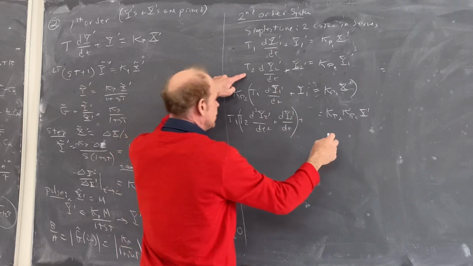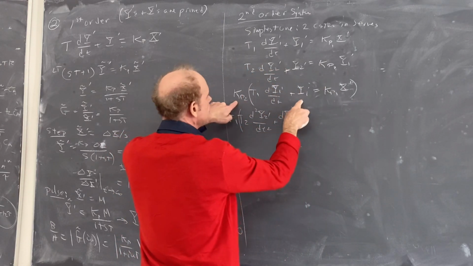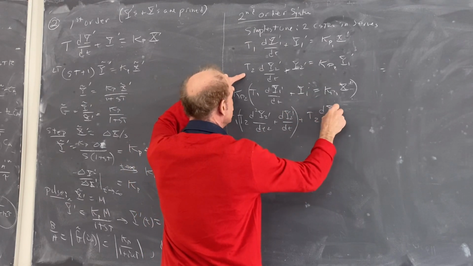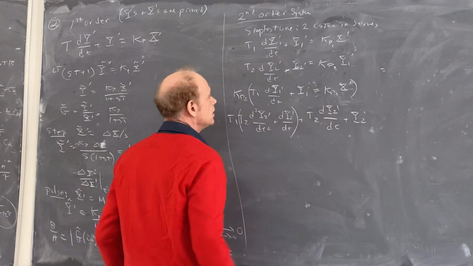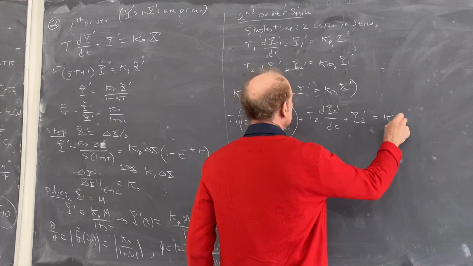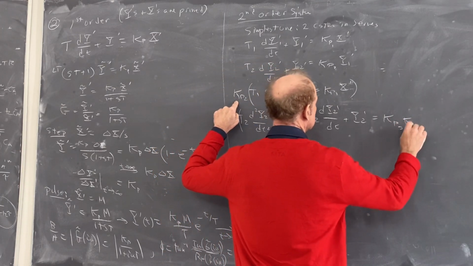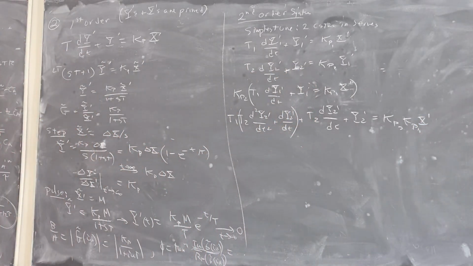So that's plus all of this. That's equal to T2 dy2 prime dt plus y2 prime is equal to Kp2 Kp1 x prime. Is that clear, the algebra that I did?